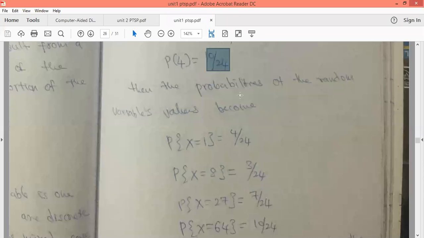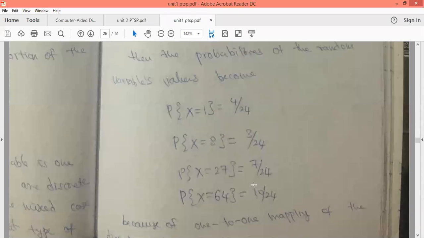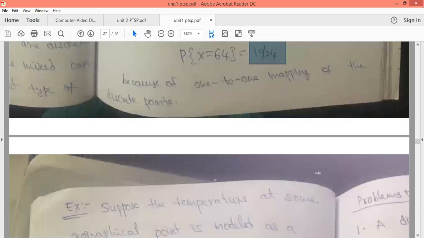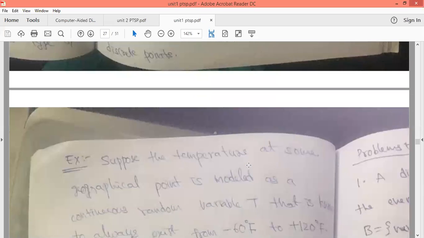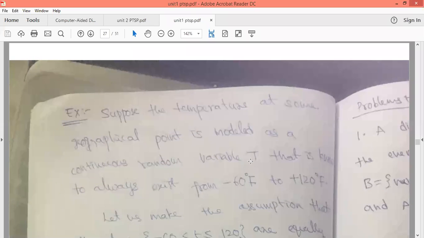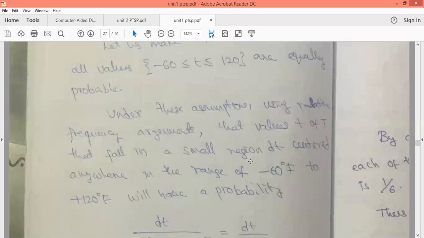The probability of 4 is assigned to the random variable getting 64, which is 10/24. So there is a one-to-one mapping of discrete points from the sample space to the random variable. That is the example.